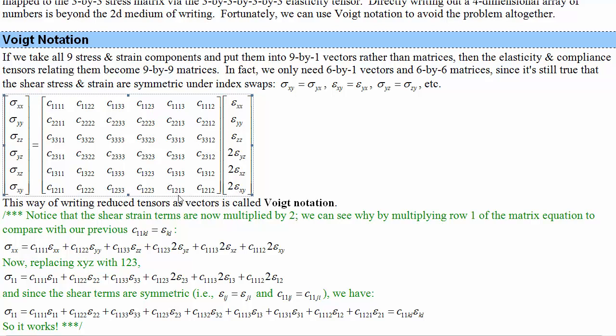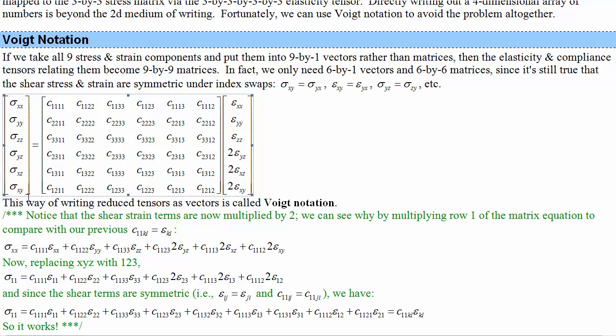So C1213 is actually the 6,5 entry, but how do you really get that? Well, it's not really too bad if you think about what it's mapping from and to. C1213, being where it is in the matrix, has to map the XZ, the 1,3 shear strain rather, to the 1,2, the XY shear stress, right?